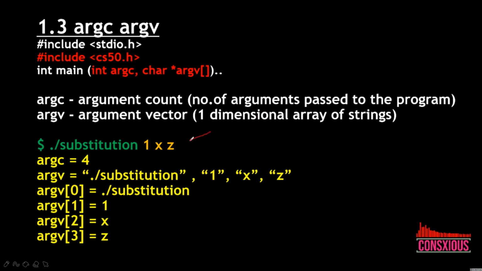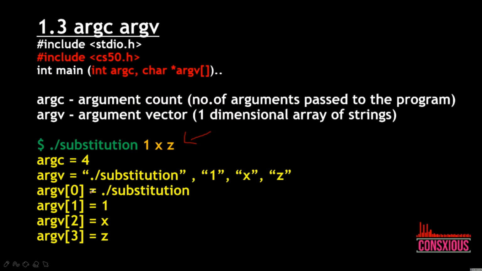Here is an example. We can see argc is 4, which means there are 4 arguments. We can show the arguments one by one: ./substitution, 1, x, and z. We can also divide them into indexes.